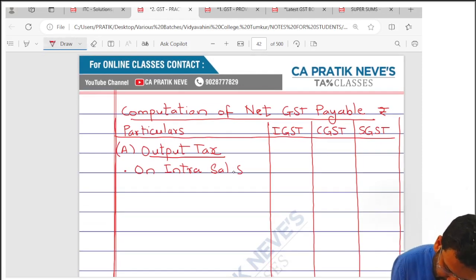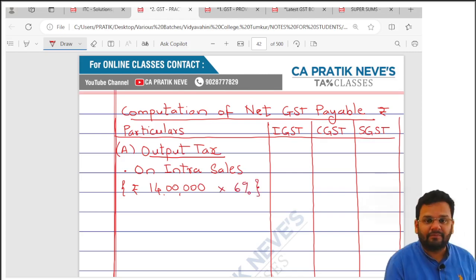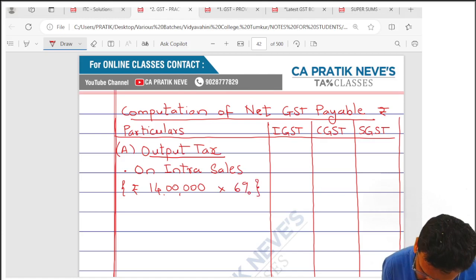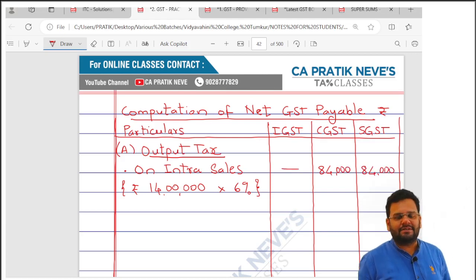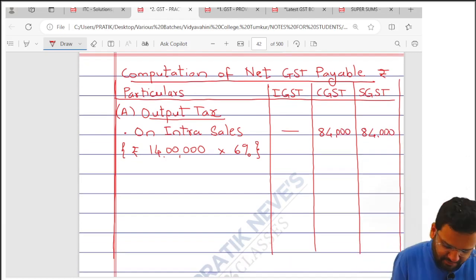So please be ready with your calci and do 14 lakhs into 6% each. 84,000. Please write in correct columns, CGST and SGST.